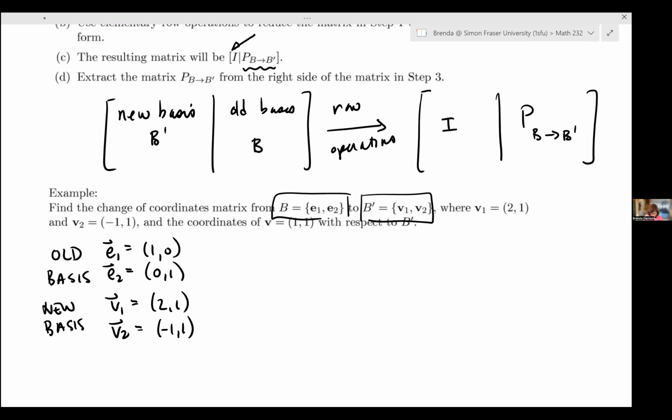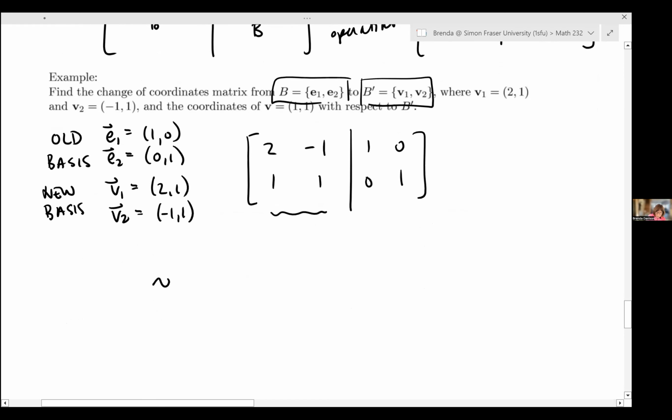Here's the procedure. You take the new basis vectors and they go into the matrix as columns. You take the old basis vectors and they go into the matrix as columns. And then you do the row operations that you need in order to turn this right here into the 2x2 identity matrix. So allow me to do that in one fell swoop using MATLAB.